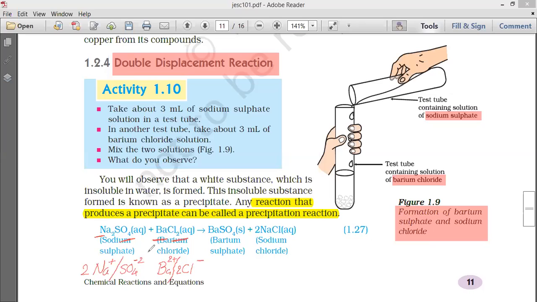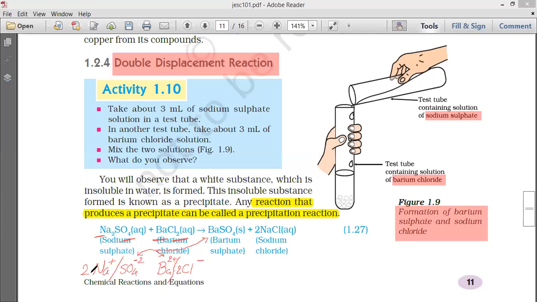The plus ion linked with negative, means barium is plus 2, that combined with SO4, this become group. This joined with this and become barium sulfate. Okay, plus 2 and minus 2.